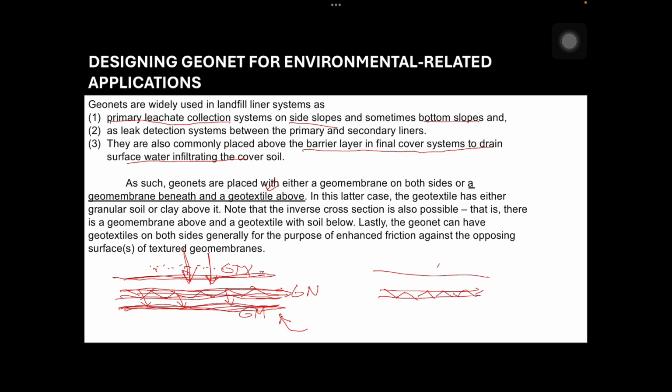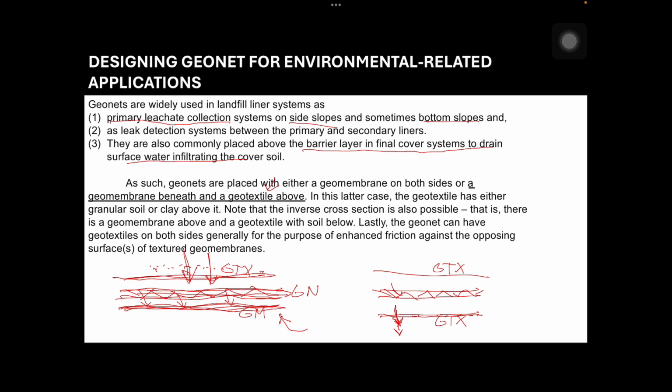Tapos, kasi sabi niya pwedeng geotextile sa taas at baba, diba? Kasi geotextile may butas pa din yan. So, it can seep through. Pero, syempre, calculated naman nila. Nakakalculate naman yung drainage, kung how much yung na-filter, how bad is the chemical that can go through the geotex kapag nag-exit pa siya dito.